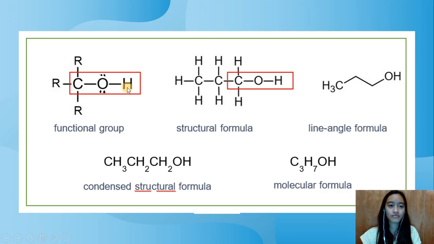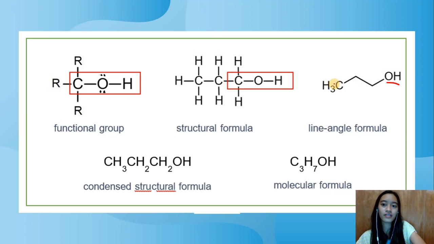We have this version of the general formula of the functional group, OH, and then the C here can be connected with different alkyl groups. We have the structural formula like this. This is another example, and the line angle formula, where you specify the OH here at the end.